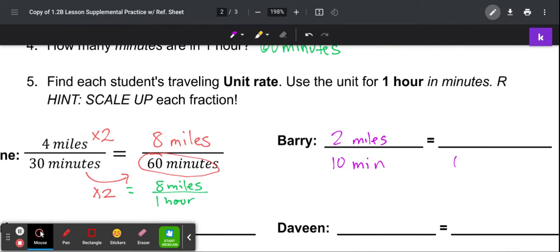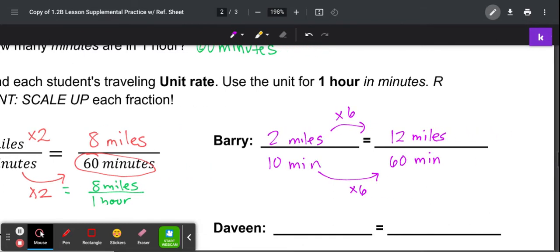And now we want to figure out how many miles he traveled in 60 minutes. So 10 times 6 is 60, so multiply 2 times 6 and we get 12 miles. So that means that Barry's going to travel 12 miles in 1 hour.